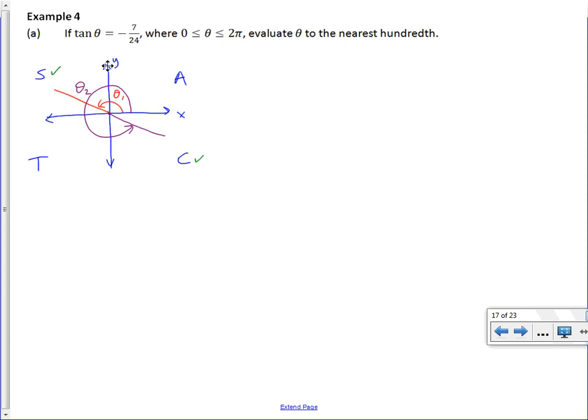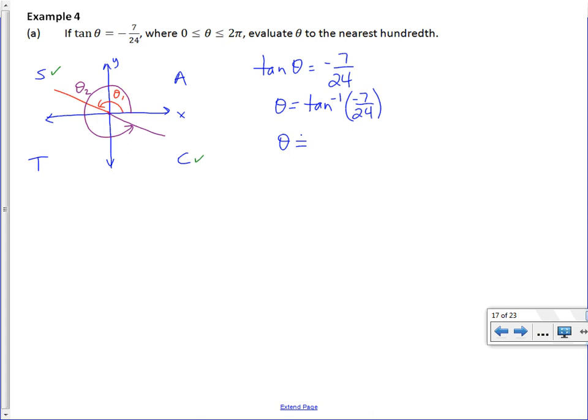So, I have an equation. There it is. Tan theta equals negative 7 over 24. Can I find theta? Does 7 over 24 scream, I'm special, I'm going to be connected to a special angle?